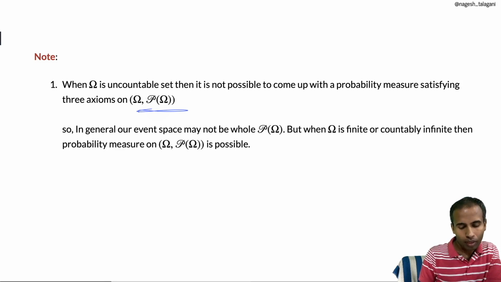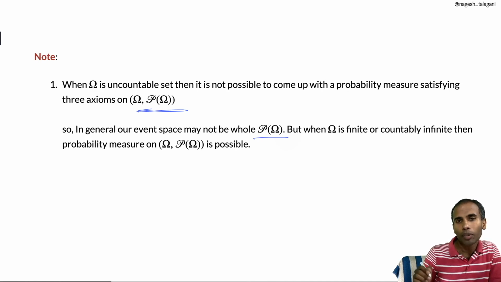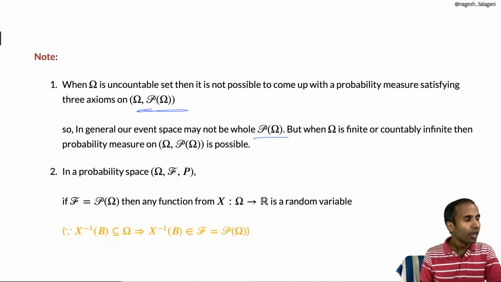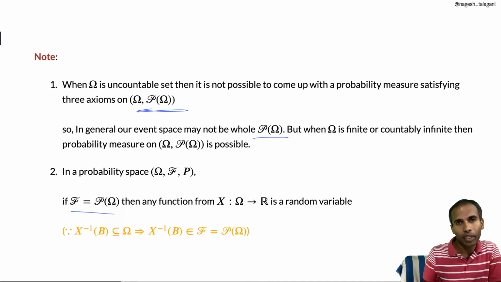So in general, our event space may not be the whole power set of omega. But when the sample space is finite or countably infinite, then one can include every subset of omega in our event space to assign probabilities. So we can still come up with a probability measure satisfying the three axioms by keeping the event space as the whole power set of omega.